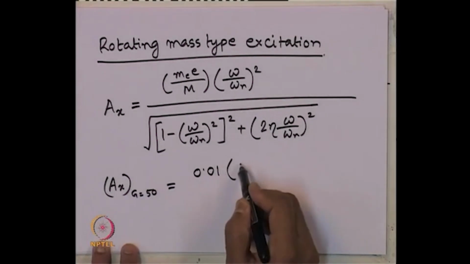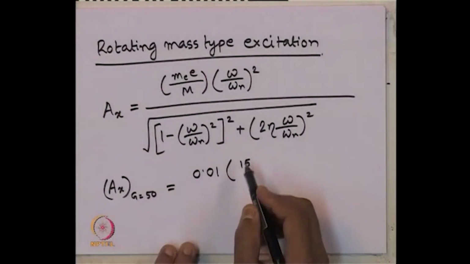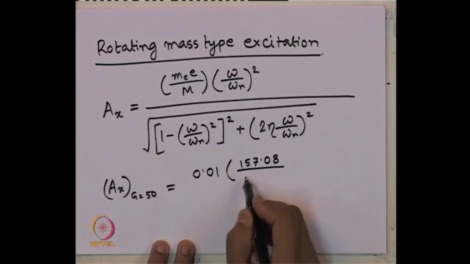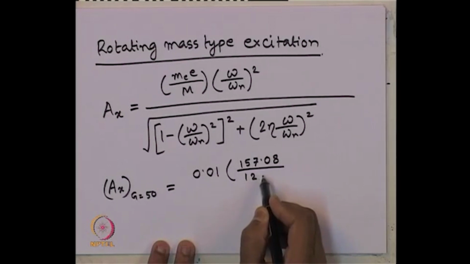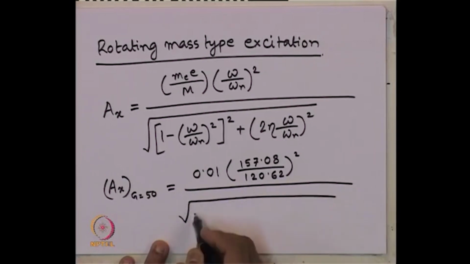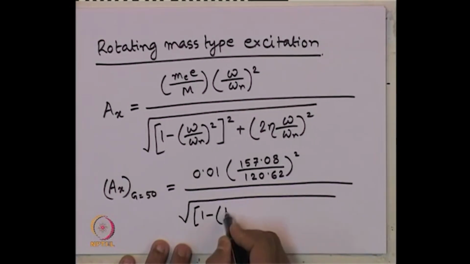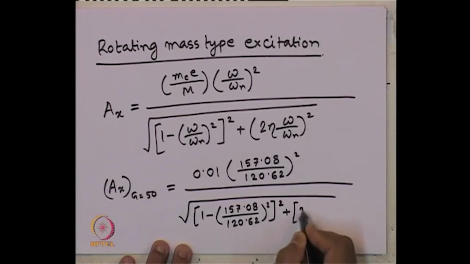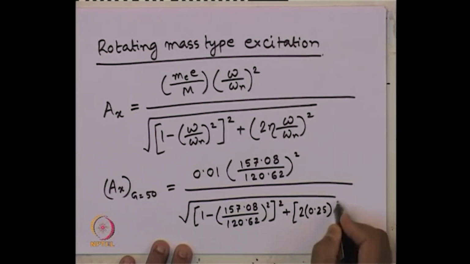Omega is 157.08 and omega n for G equals 50 we got 120.62. So, A x equals 0.01 times (157.08 by 120.62) whole square, divided by root over (1 minus (157.08 by 120.62) whole square) whole square plus (2 times 0.25 times 157.08 by 120.62) whole square.